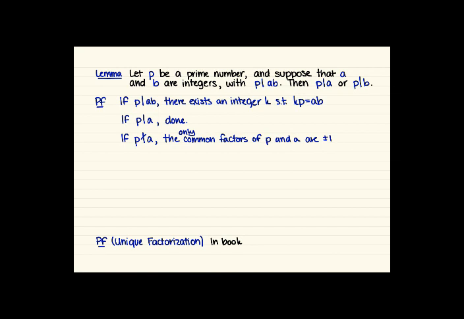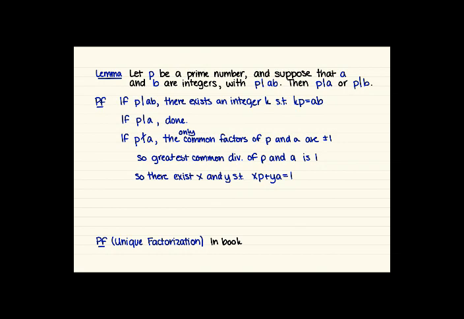That means that the greatest common divisor of p and a is 1, which, from the useful result that we had earlier, means that there exist x and y such that x times p plus y times a equals 1.